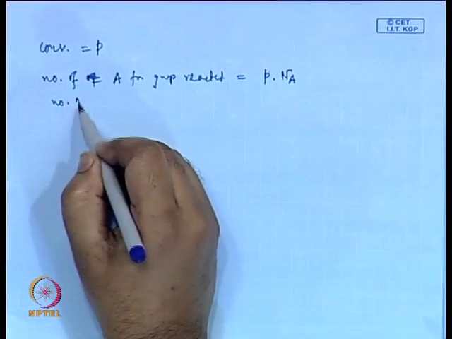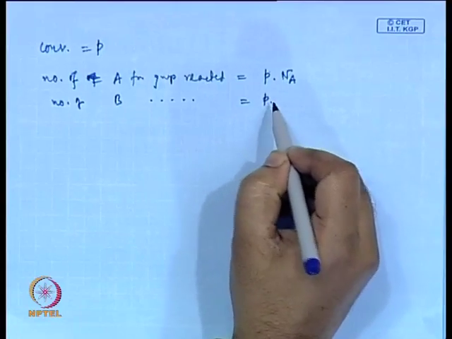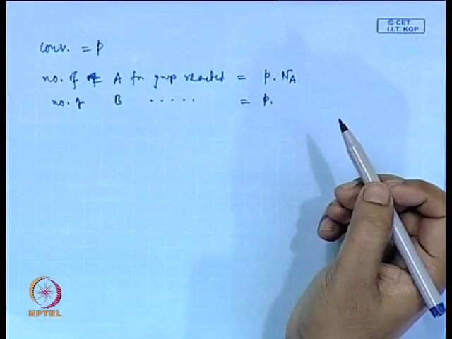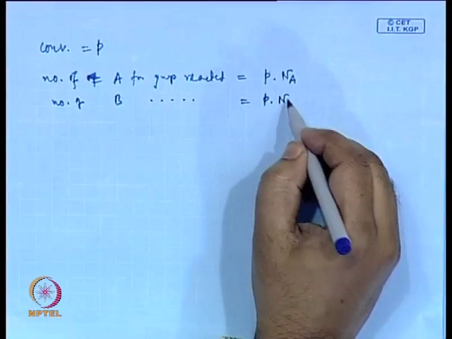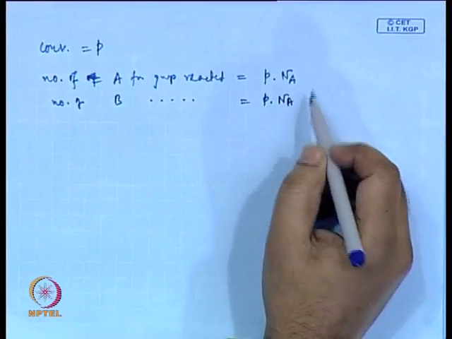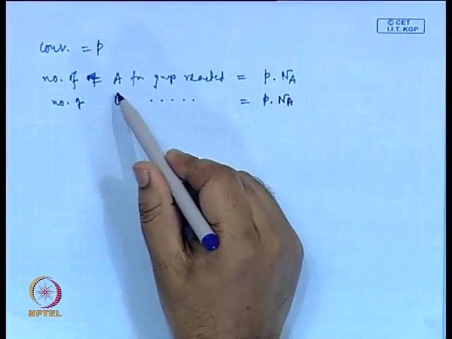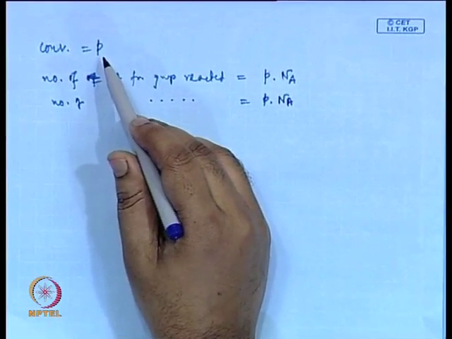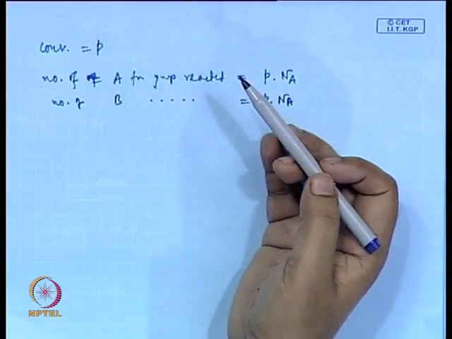Each A will react with one B, so the number of B groups reacted will be the same as the number of A groups. Is it clear? Conversion is defined as the fraction of functional groups reacted.